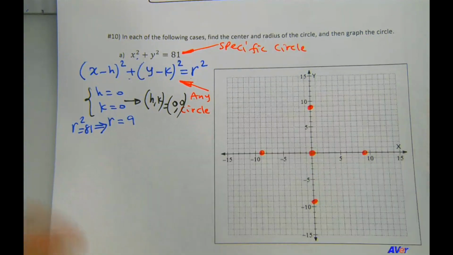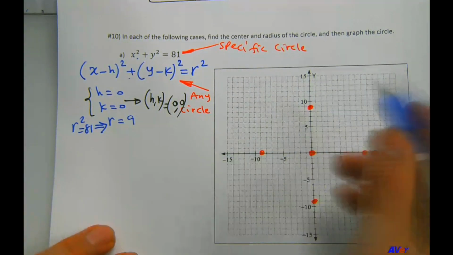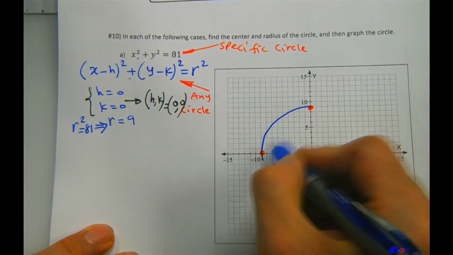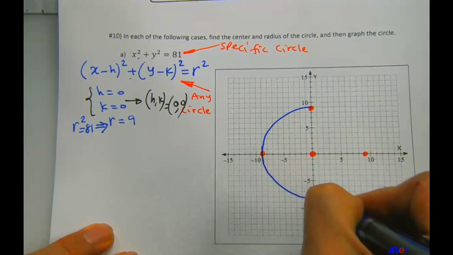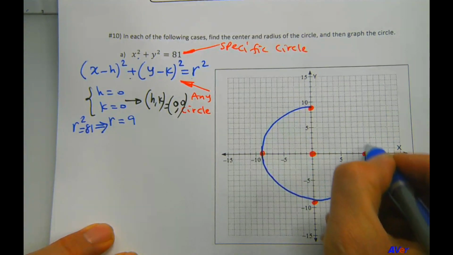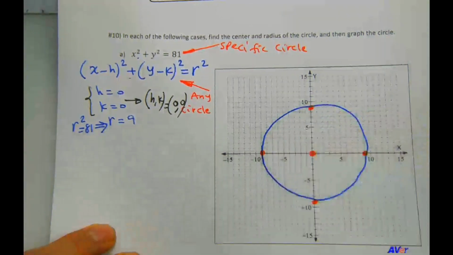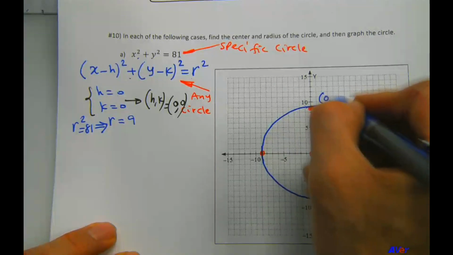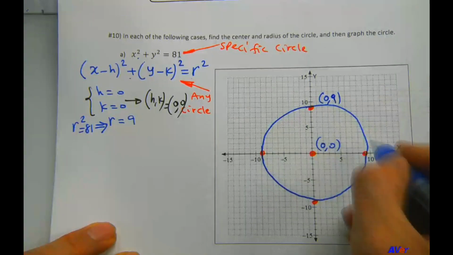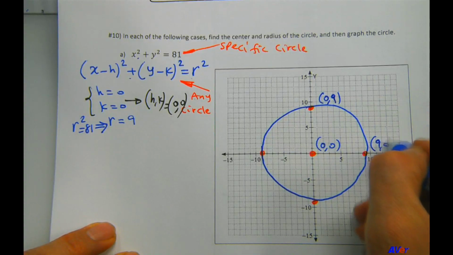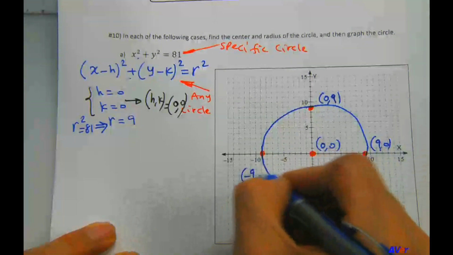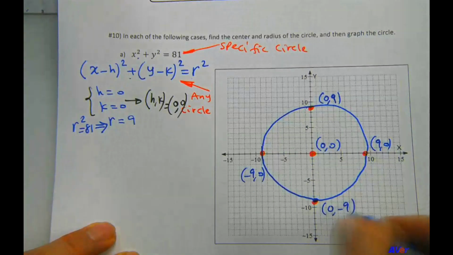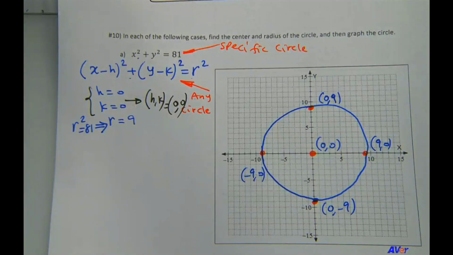So when I draw the circle, let's see if I can do this right. Like that. That's as best as I can. 0, 0, and that is 0, 9, and that will be 9, 0. That's negative 9, 0. Those are those points. And 0, negative 9. Okay, like that.